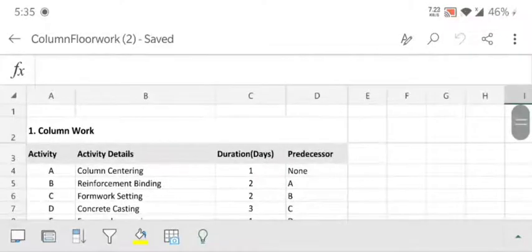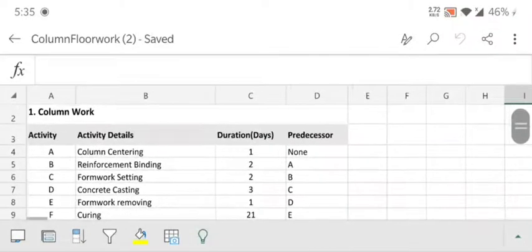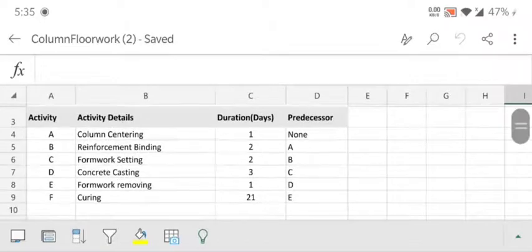Number 1 is column work. On the far left side are activities and activity details, duration, and on the right side is predecessor. Activity A is column centering, its duration takes only 1 day and its predecessor is none.